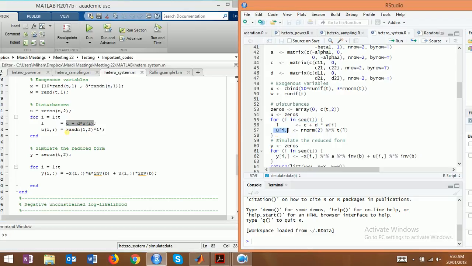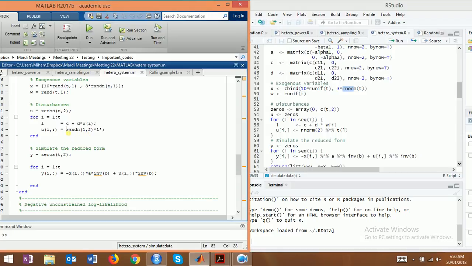Random N is RNORM, and RUNIF is the uniform one. 1 row 2 columns multiplied by L transpose.